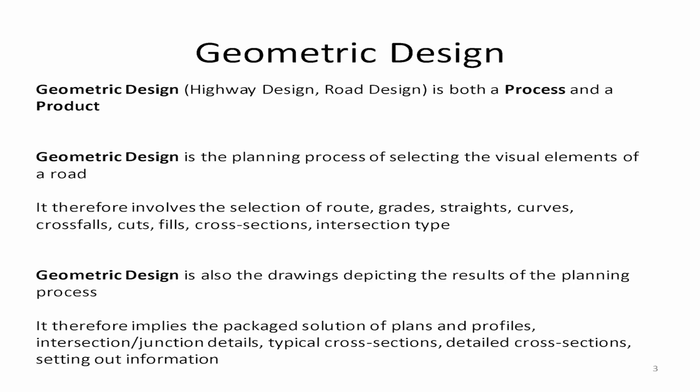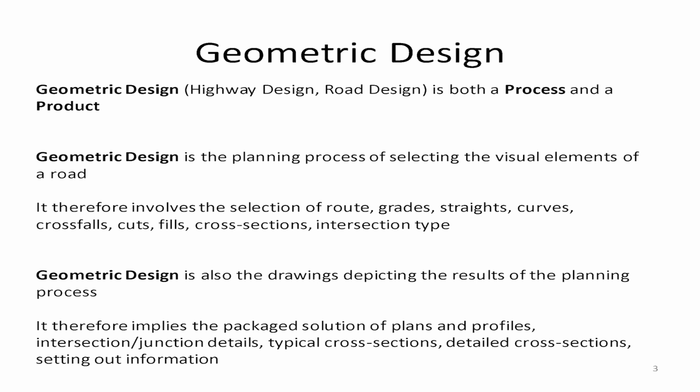Geometric design, also called highway design or road design, is both a process and a product. Geometric design is the planning process of selecting the visual elements of a road. It is therefore involved with the selection of route, grades, straights, curves, crossfalls, cuts, fills, cross sections, intersection type, and the like.